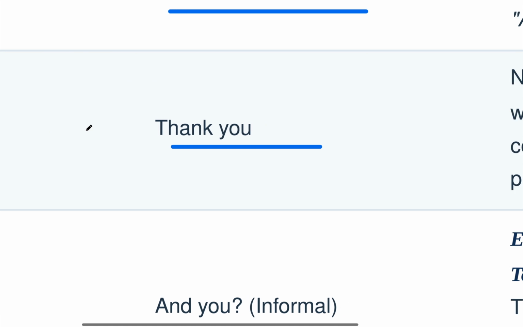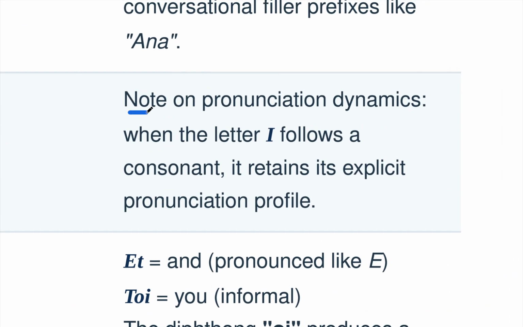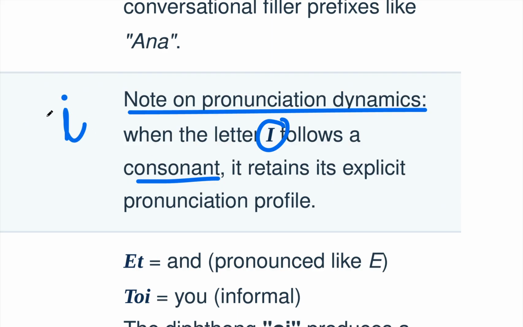So there is a rule, or you can just note it. Note on the pronunciation dynamics. When the letter I follows a consonant, be it C, B, N, M, okay, it retains its explicit pronunciation.